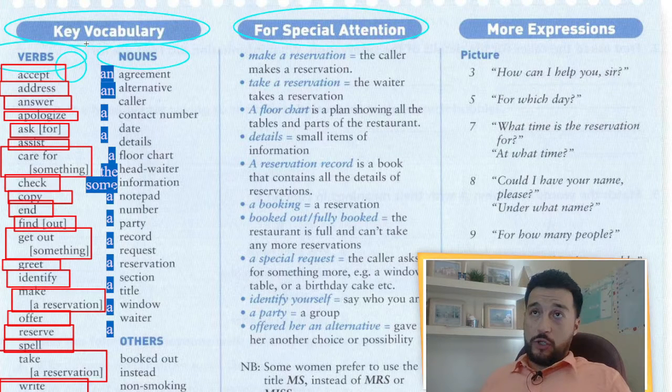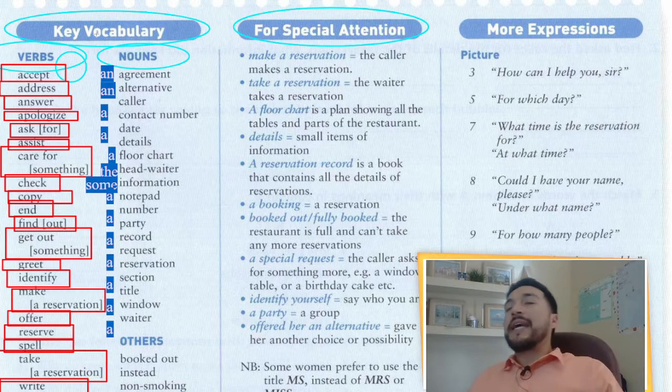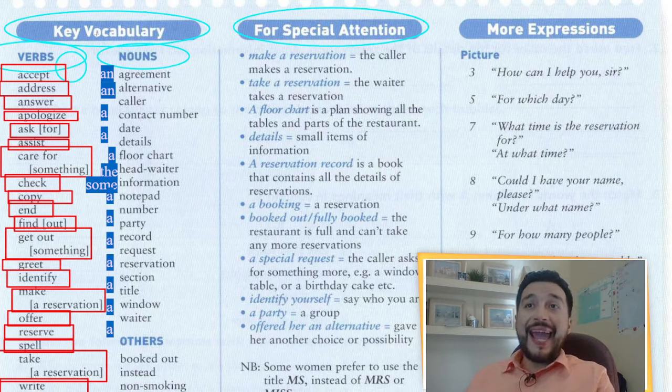Now let's look at the nouns. All the nouns use some kind of determiner. So we can use either an, a, or the, or some.